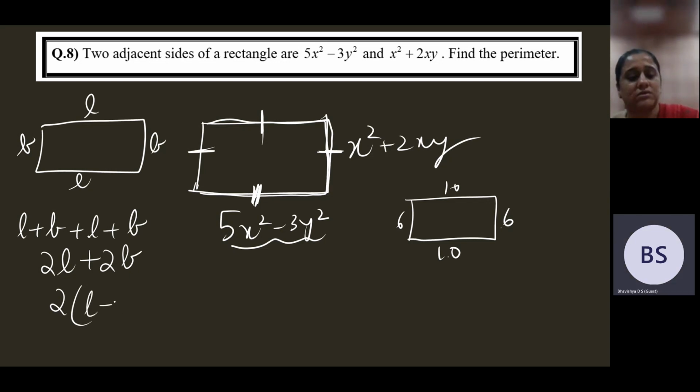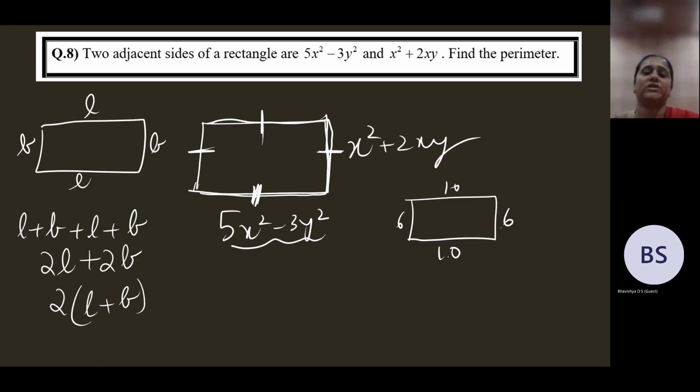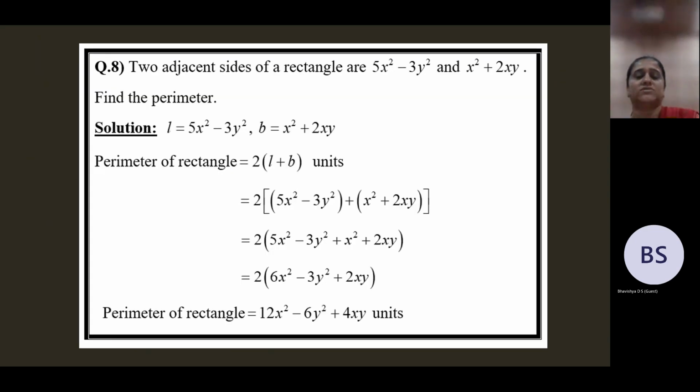L plus B, mom. This is the formula to find the perimeter of a rectangle. L plus B plus L plus B, that means 2L plus 2B. 2 common, L plus B. So 2 into (L plus B). Okay, so that's the formula.